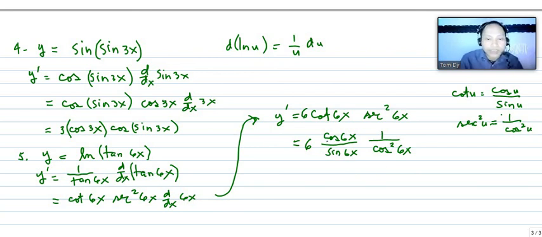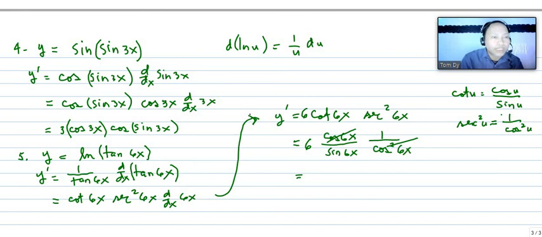So we can cancel cosine 6x and 1 of this squared. So equivalent to 6 times 1, that is 6. Okay, I will just write it in this manner.